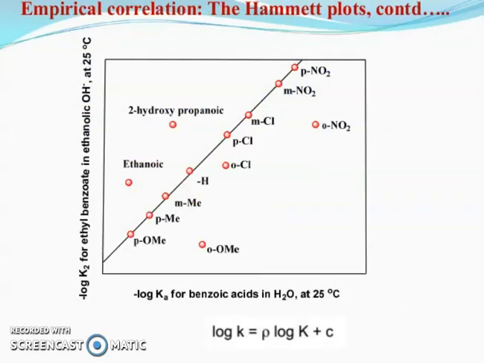So this is the empirical correlation, the Hammett plot. You can see the electron donating and then electron withdrawing and between neutral. So there is a relationship: log K is equal to rho log K plus C.